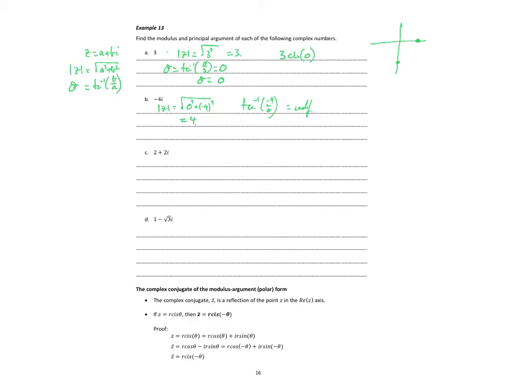Okay, negative 4 on 0 is undefined, so we know then that theta is equal to, well, pi on 2, but we check to see where our point is, and my point is here. So in actual fact, theta will equal negative pi on 2. Because I'm starting there at 0 and moving in an anti-clockwise direction.